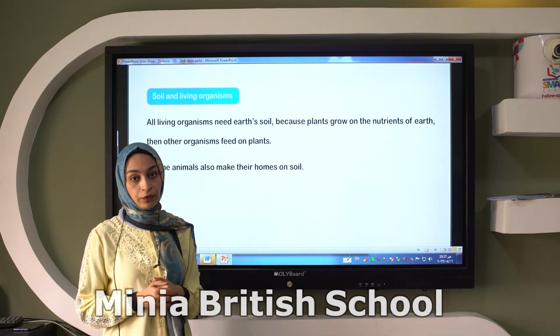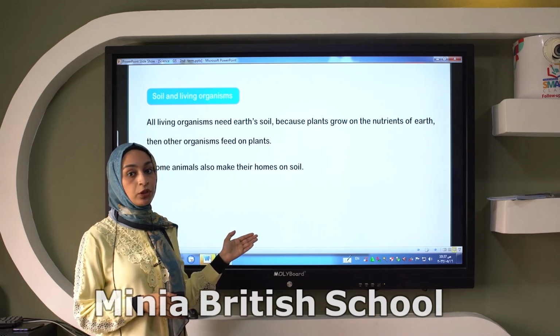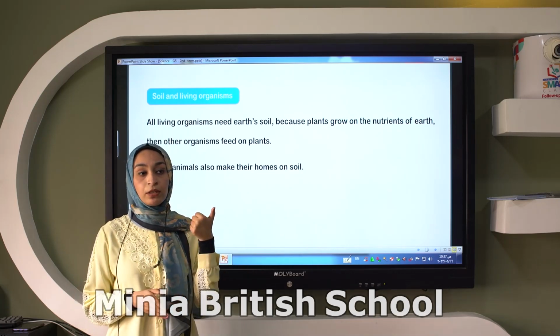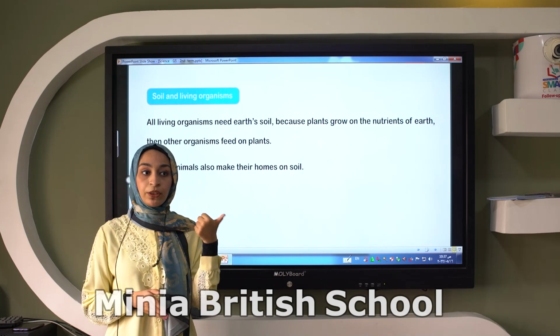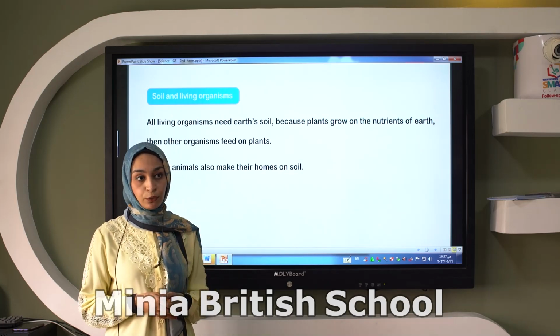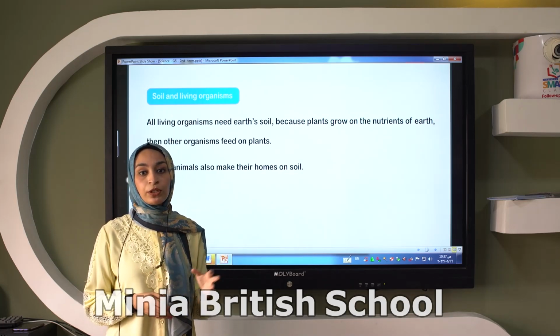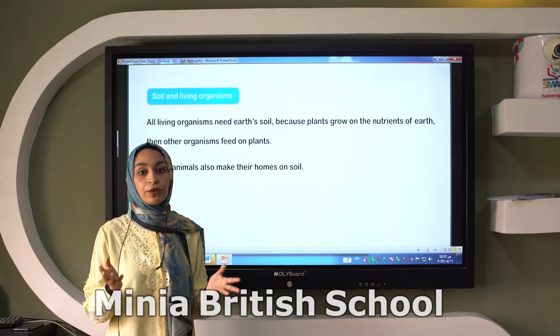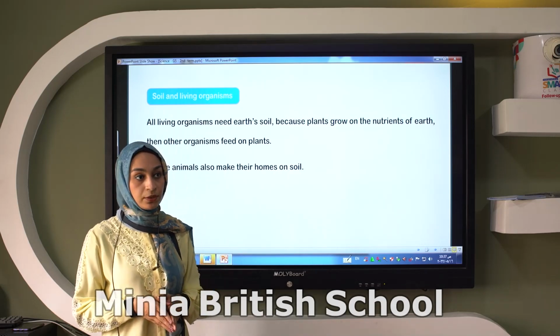And also humans depend on living organisms like animals and plants for their food. So soil is very important for the environment, as all living organisms depend on it.